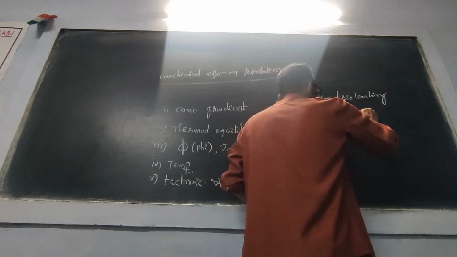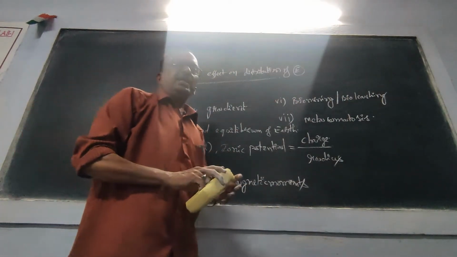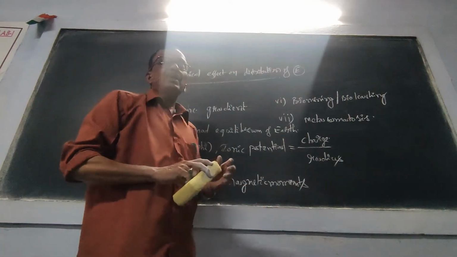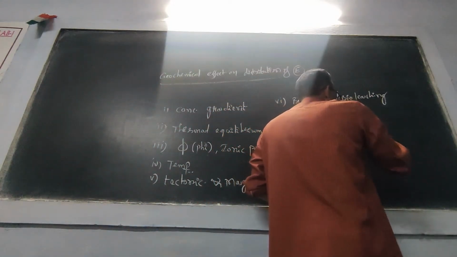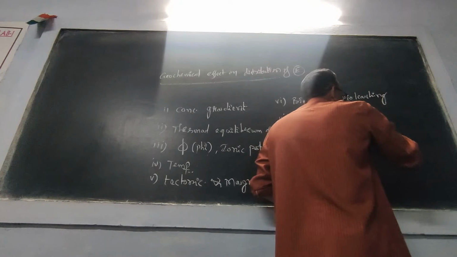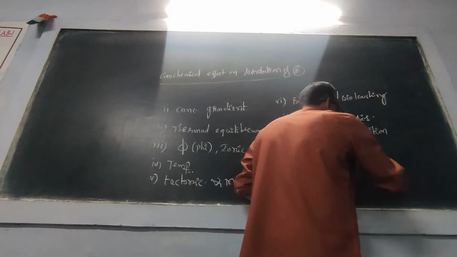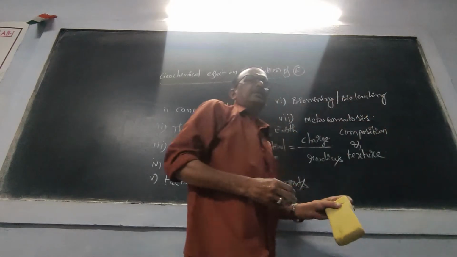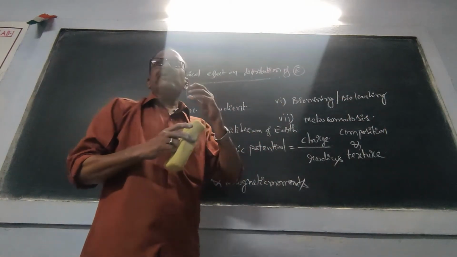Metasomatosis. What is this metasomatosis? It is the process of change of composition and texture. Say for example, if you take a cloth, it is having the fibers.